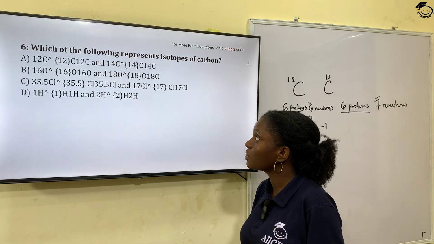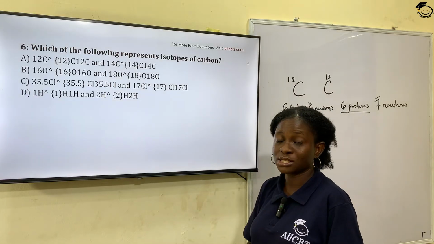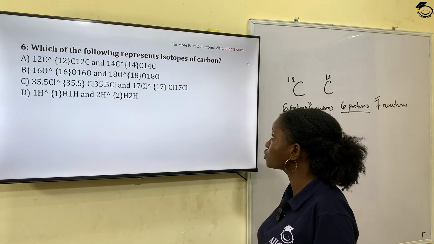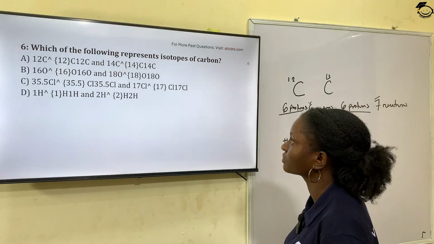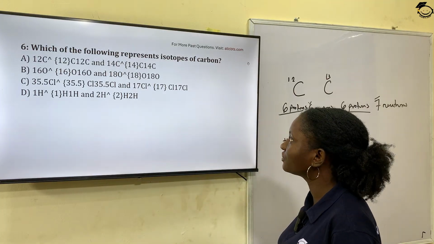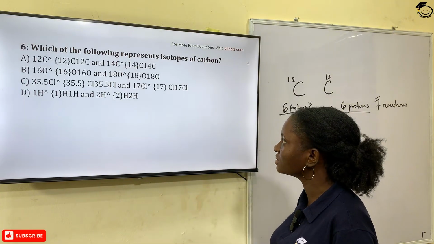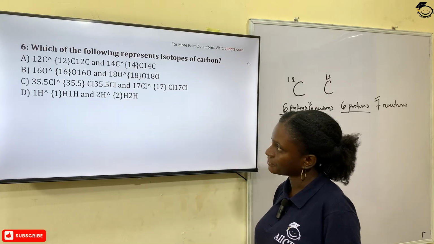Question 6. Which of the following represents atoms, isotopies, or isotopes of carbon? Option A, 12 carbon and 14 carbon. Option B, 16 oxygen and 18 oxygen.